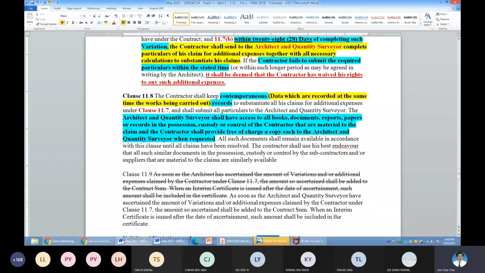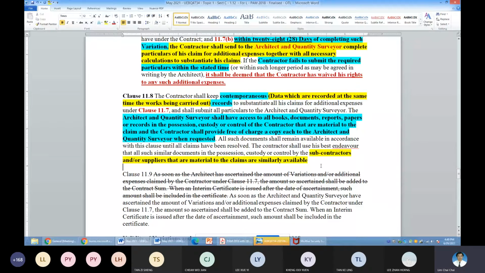So chances are it may be subject to a lot of query. So this is something for you to think about. Not only subcontractors, suppliers and subcontractors also need to support the main contractor in event of this claim. So this is something for the main contractor to be careful.